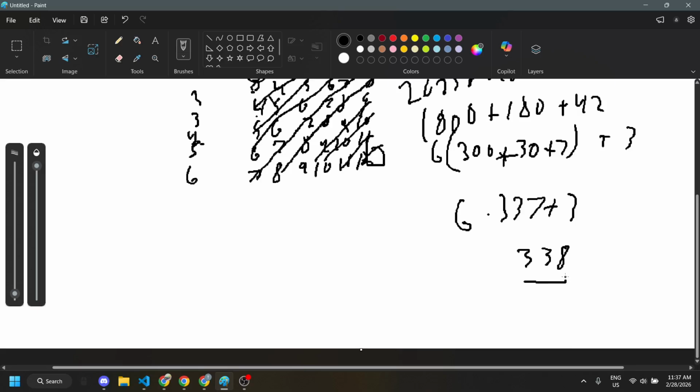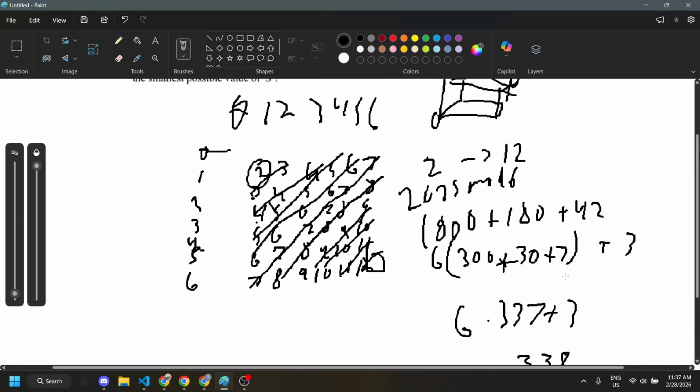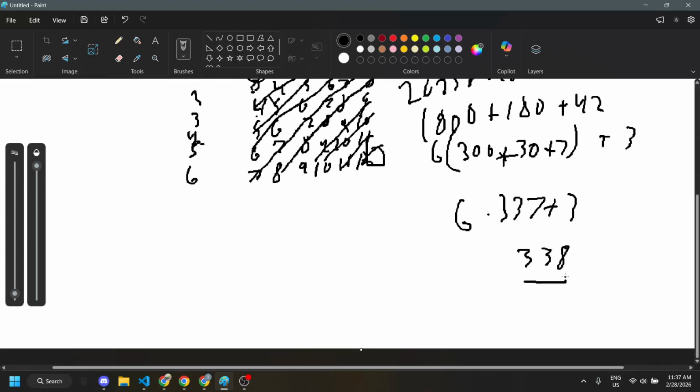So if we roll 338 dice, the max is 2028, because that's plus 3 to 2025.